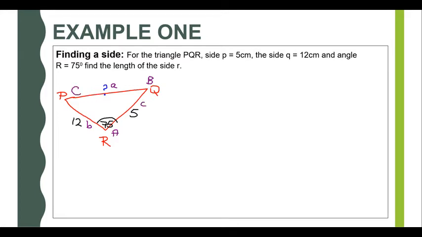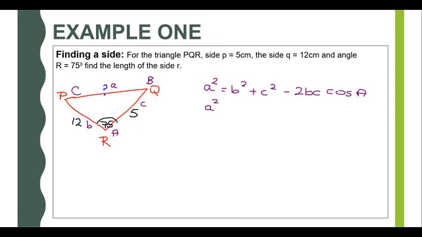Okay. We know the angle between two sides, so we use the cosine rule in the form A squared equals B squared plus C squared minus 2BC cos A, as we're trying to find a length, and we can substitute in everything we know.